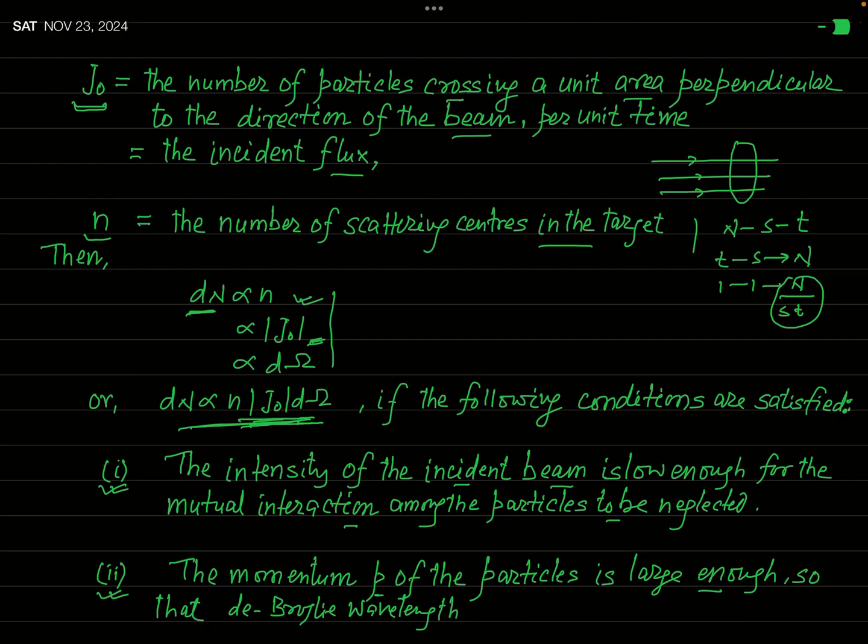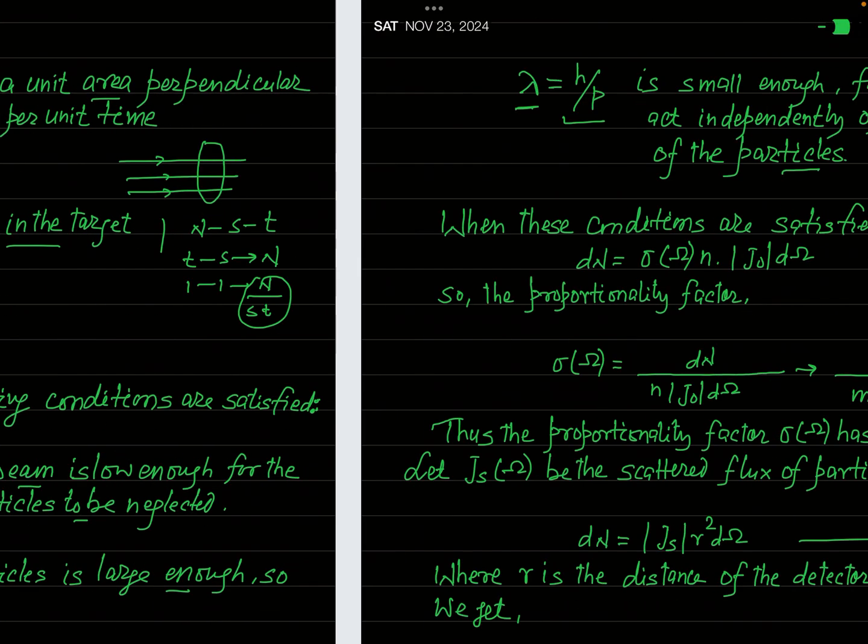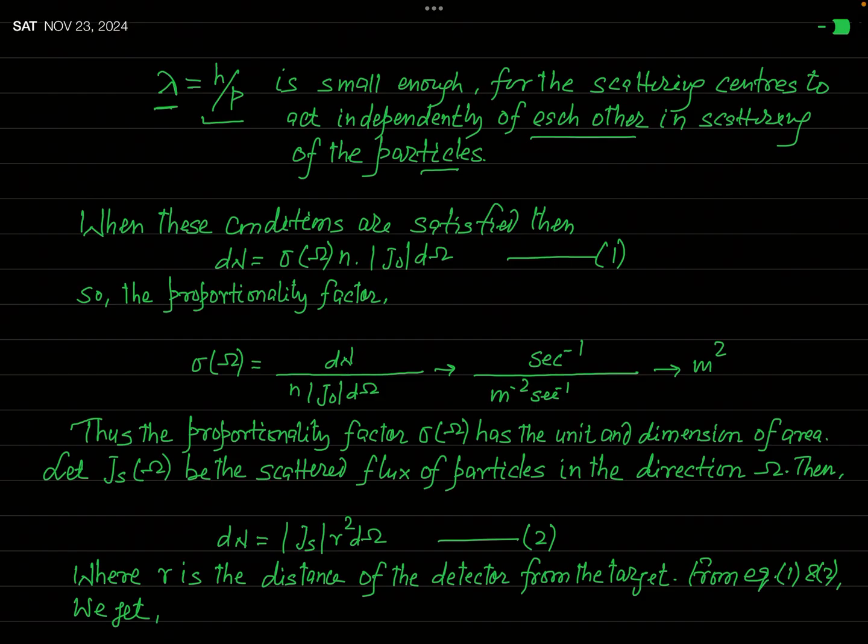But when we remove this sign of proportionality, there must be a constant factor. So after removing the proportionality sign, you can write that dn is equal to sigma of omega times n times J naught times d omega. Here, sigma of omega is the proportionality factor, or proportionality constant.